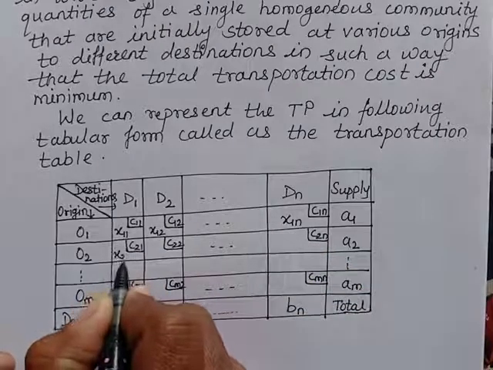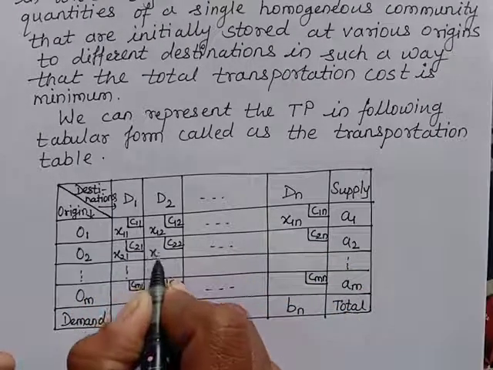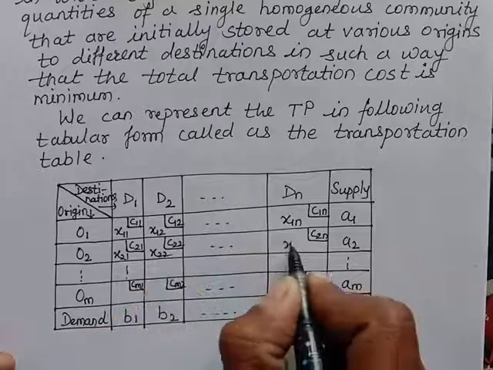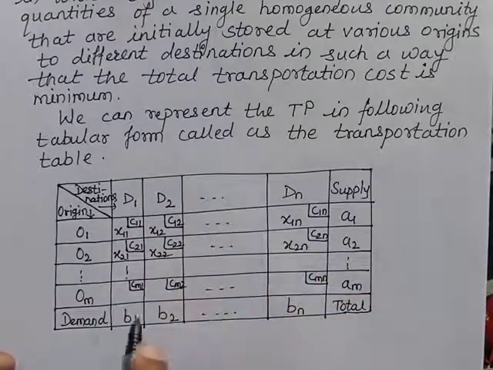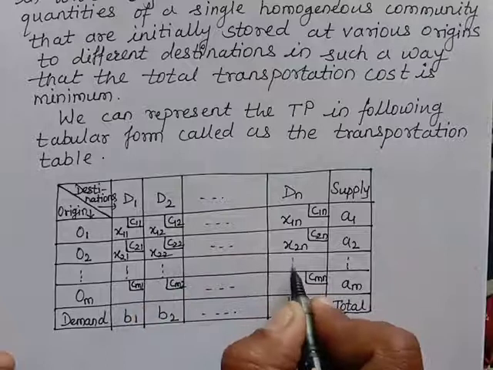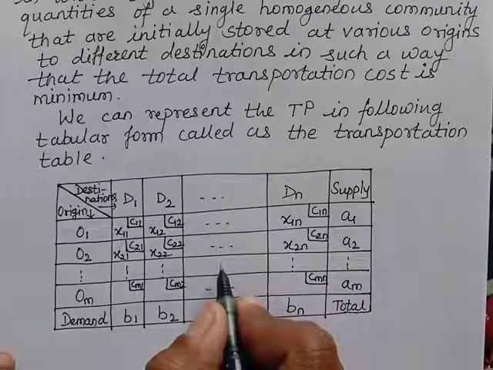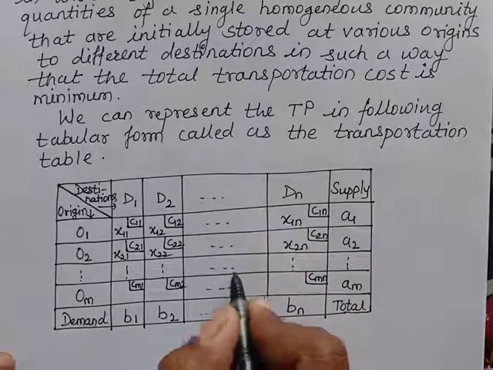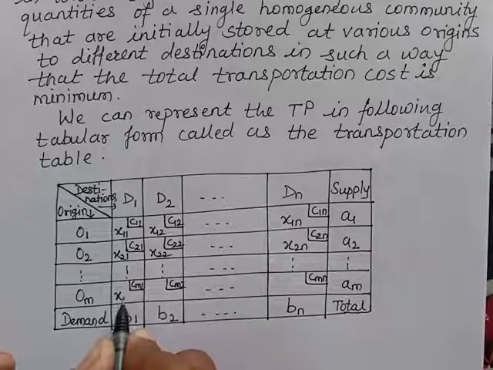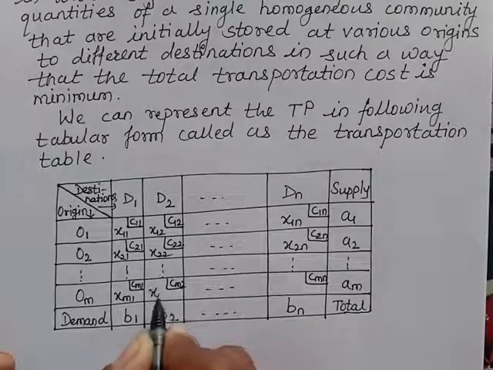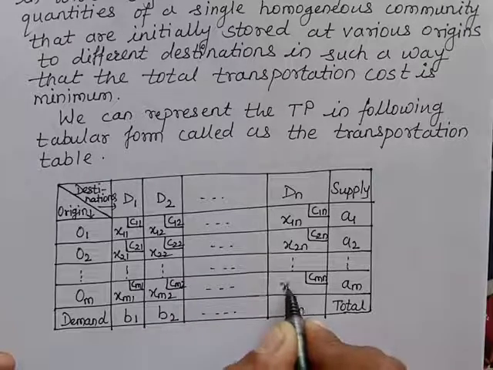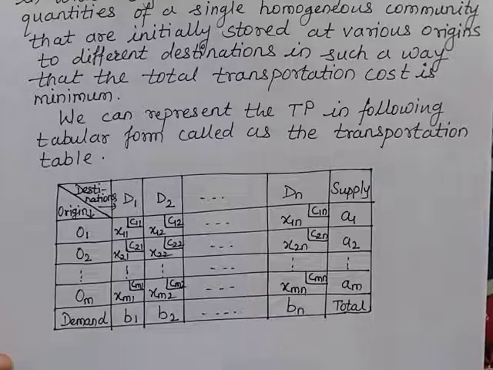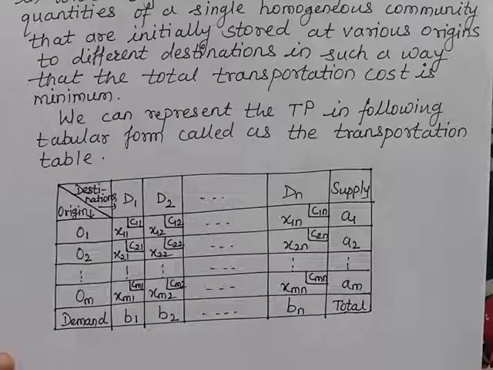Here X21, X22 and X2n. Here Xm1, Xm2 and Xmn. As such the variables we can write.